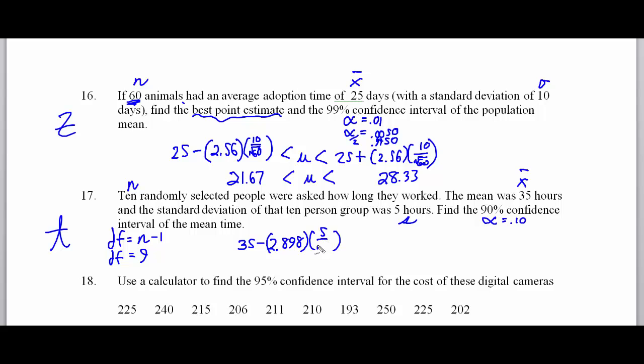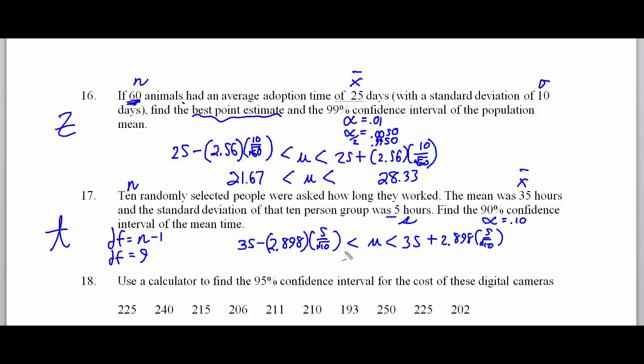and then we're going to have in our numerator 5 divided by square root of 10. And the 5 divided by square root of 10, this is our standard deviation right there, as we found here, and there's our square root of the sample size, which is less than mu, which is less than the entire equation over again, but in this case plus 2.898, and then 5 divided by square root of 10.